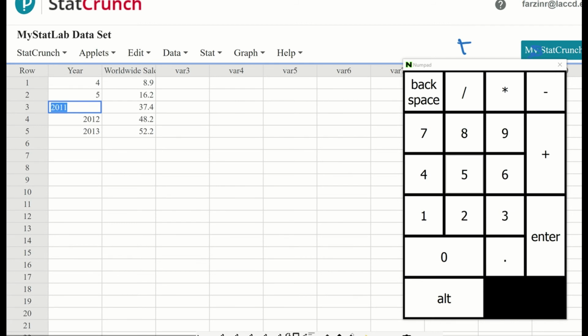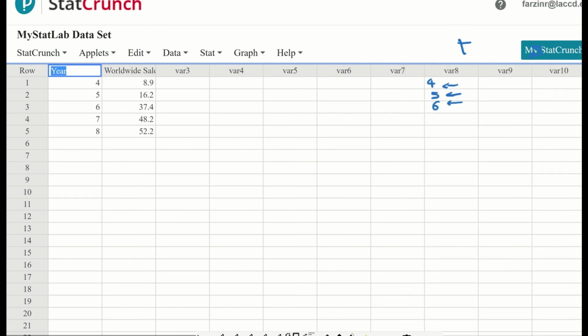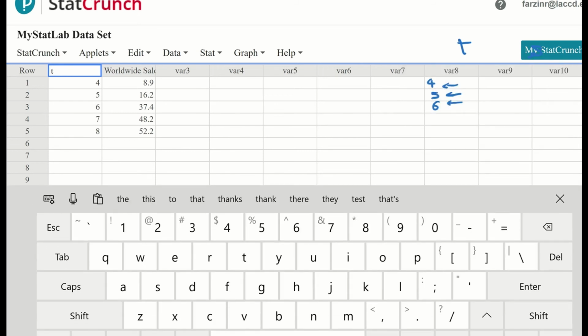For 2011, we'll use 6. Remember, just subtract 2005 from it and you'll get the value. For this one, we'll use 7, and for this one, that'll be 8. The year we're going to represent using T, and the sales we will represent using S.